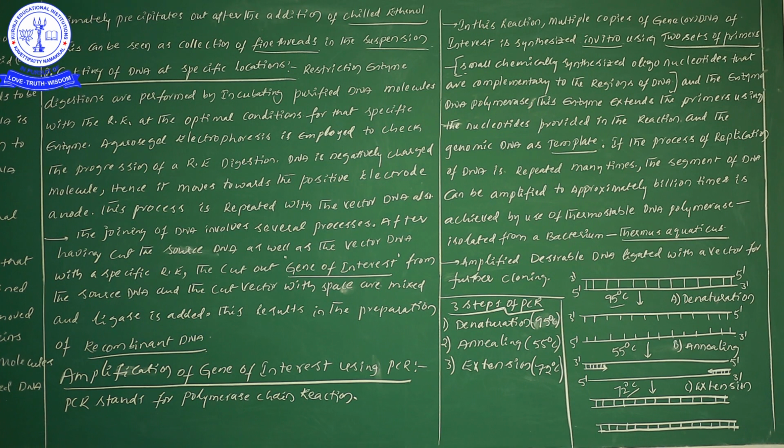And what are the things required along with the primers? Along with the primers, one enzyme is required, that is the DNA polymerase enzyme. In the Molecular Basis of Inheritance chapter we learned that DNA polymerase helps in polymerization in the 5' to 3' direction. So the same kind of enzyme is required, and that enzyme is DNA polymerase.